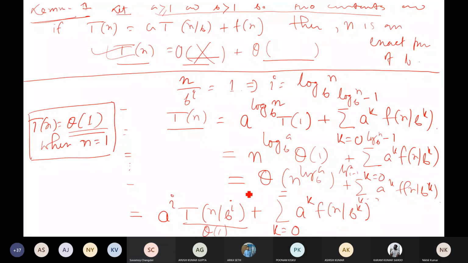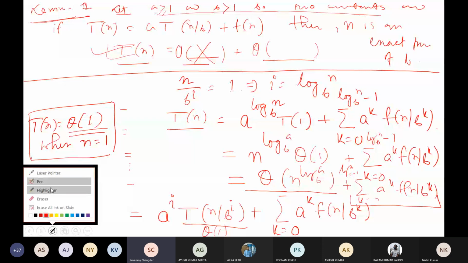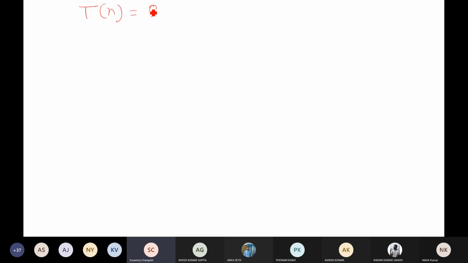Okay, so let us erase all these and write properly what T(n) is. From lemma 1 we can write that T(n) can be expressed as theta of n to the power log a base b plus the sum of a to the power k f of n by b to the power k, where k varies from 0 to log n base b minus 1.